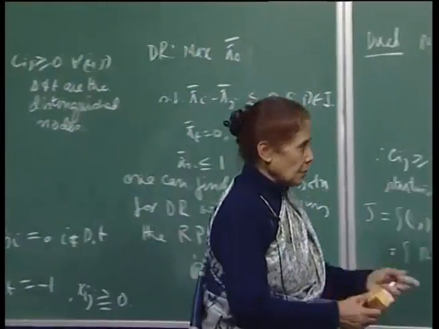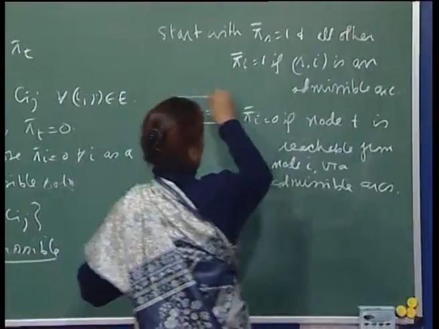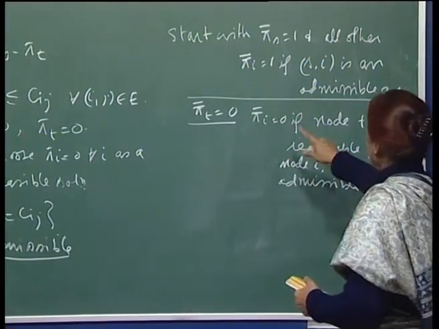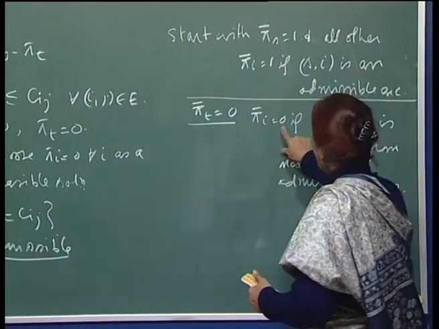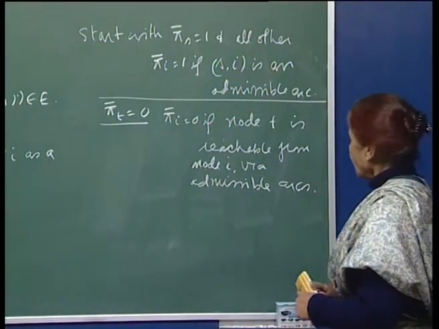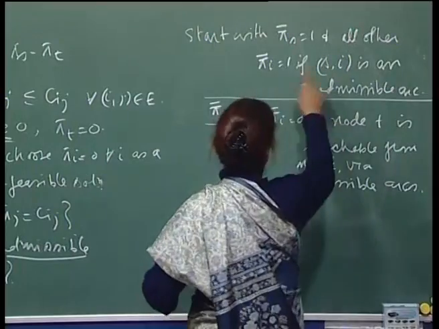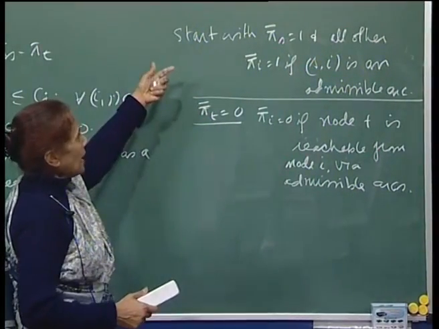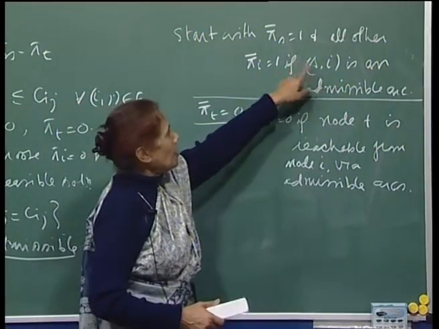So, you might say that we start from here. So, pi bar t is 0 and pi bar I is 0 if node t is reachable from node I via admissible arcs, right. And this we have said, if there are nodes which can be reached from S, then we will give them all values 1.